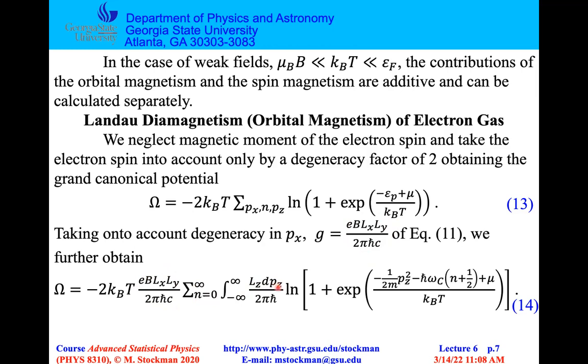Over in z direction, the integral is continuous. The summation is continuous. So the energy is Pz squared, and this is the corresponding number of states, Lz dpz divided by 2 pi h. This logarithm comes from the definition of omega.